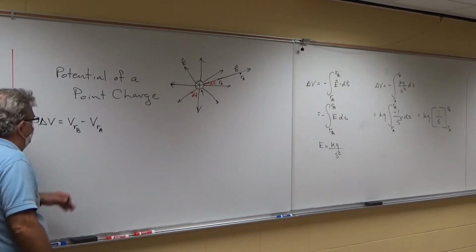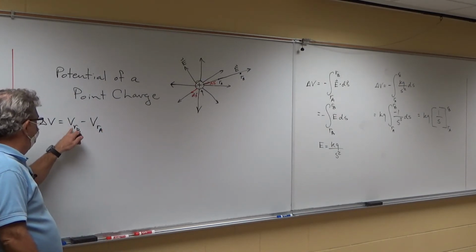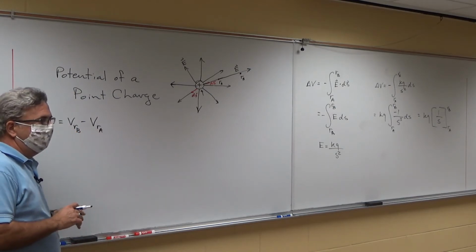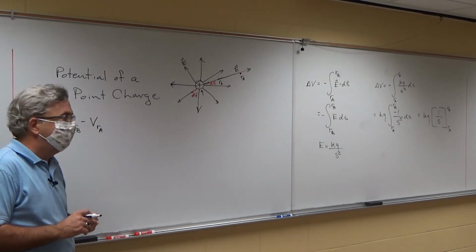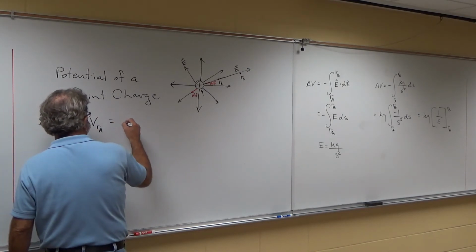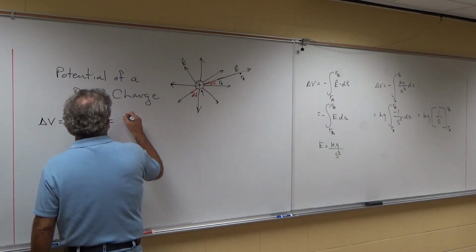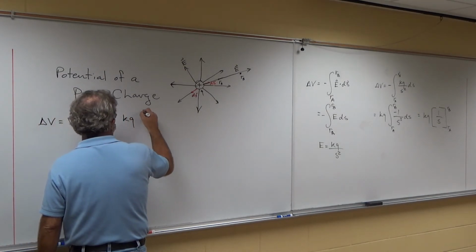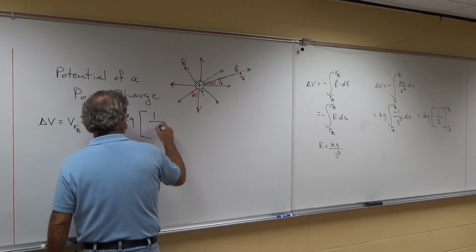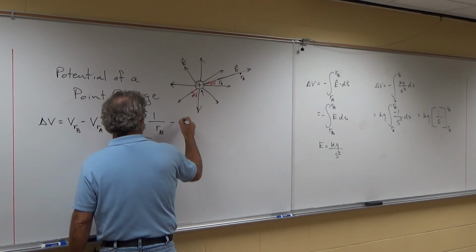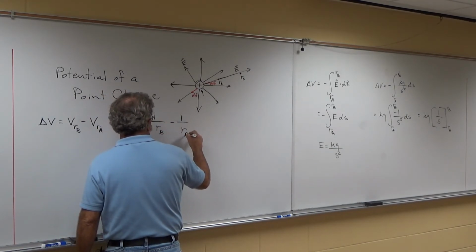In the first class I wrote just B and A, but you get the idea. And that is equal to KQ times 1 over RB minus 1 over RA.